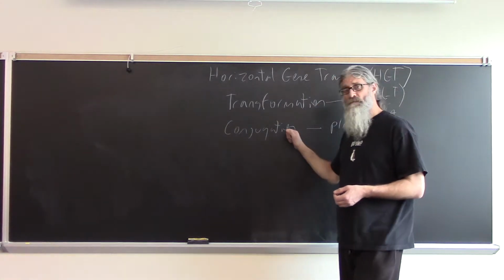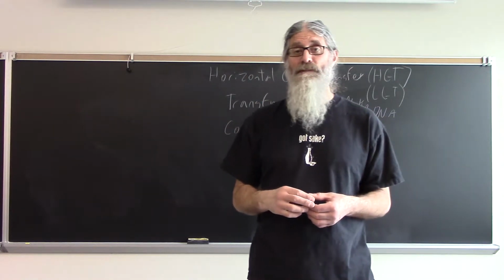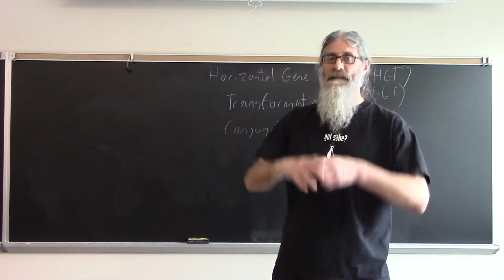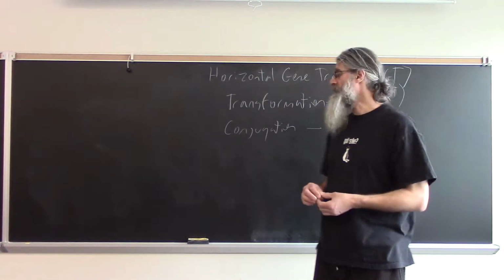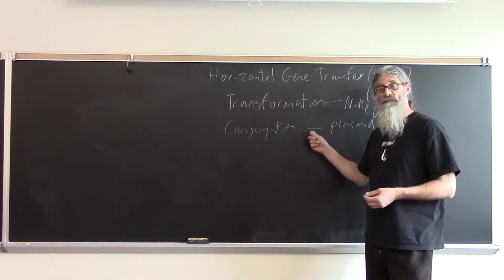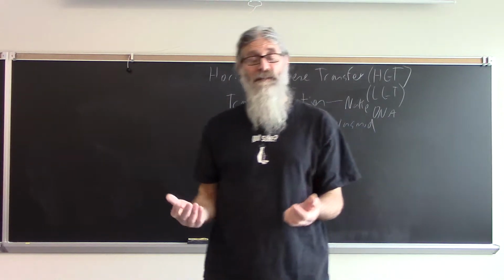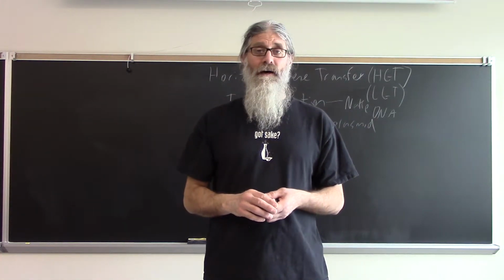This is most important as far as we're concerned because of the potential for transfer of antibiotic resistance genes. These plasmids can contain genes that encode for antibiotic resistance, and their transfer results in an organism suddenly, upon reception of these plasmids, being resistant to an antibiotic.